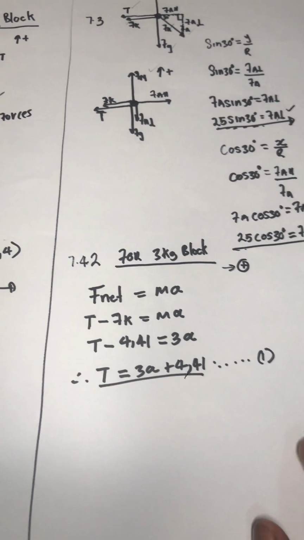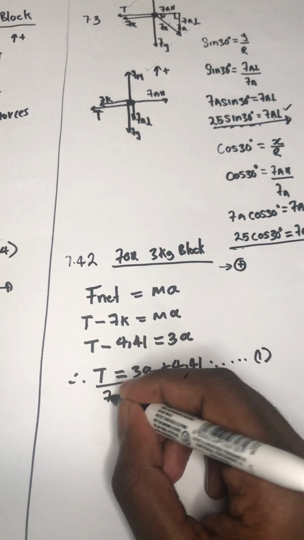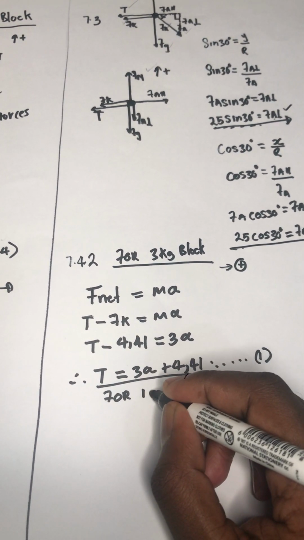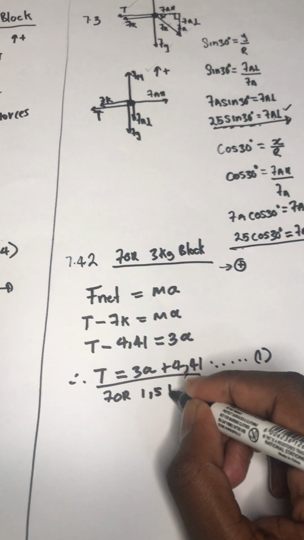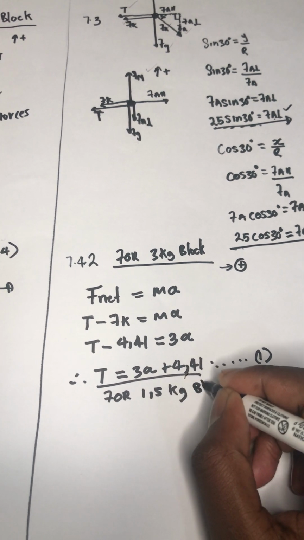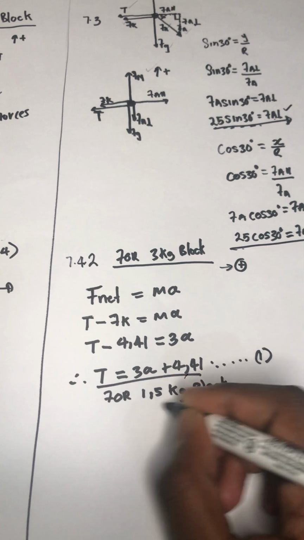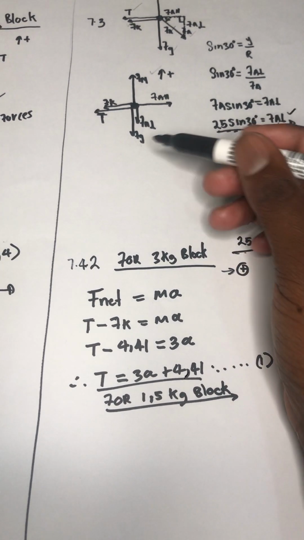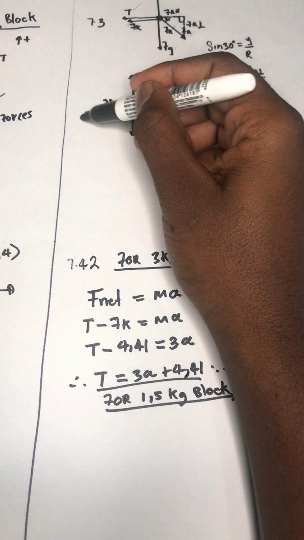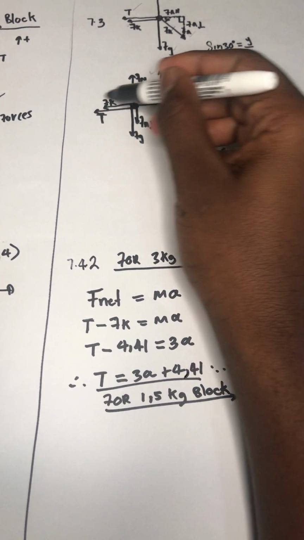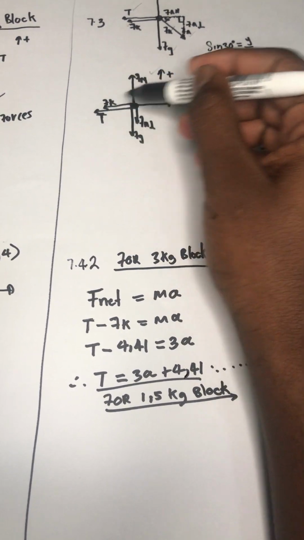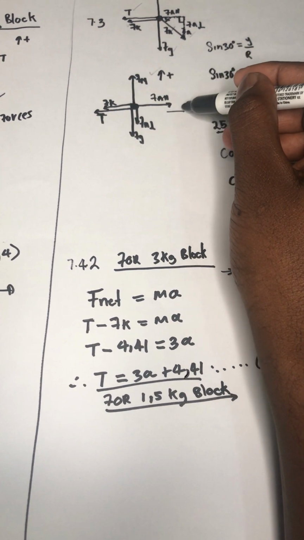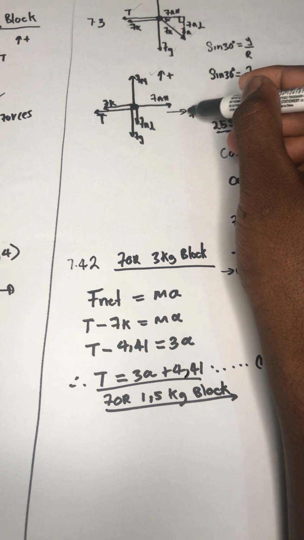Okay, so for the 1.5 kg block, if you put a diagram for the forces acting parallel, the direction of motion is positive.